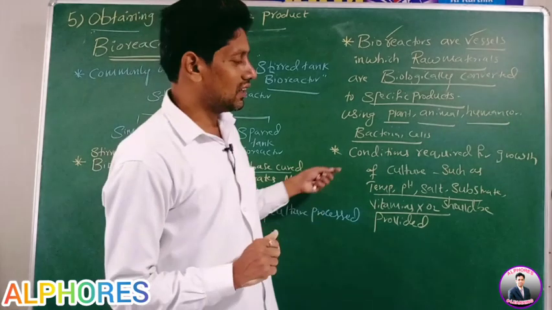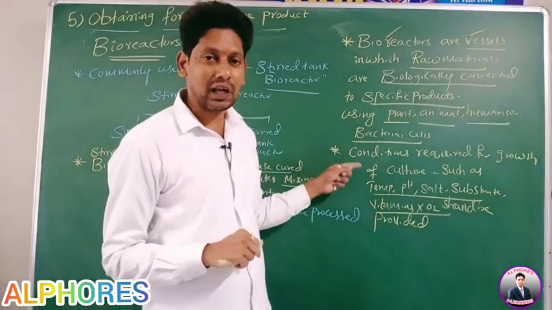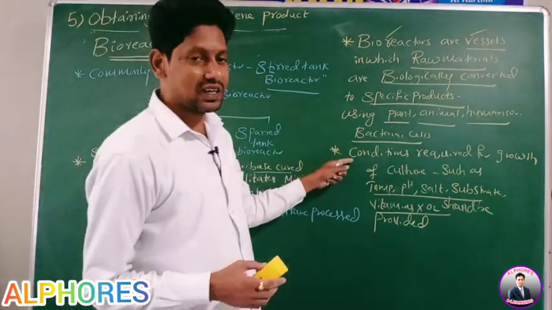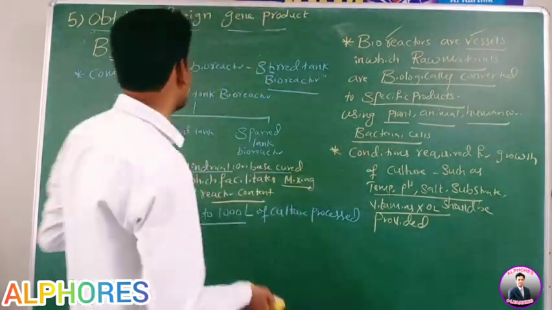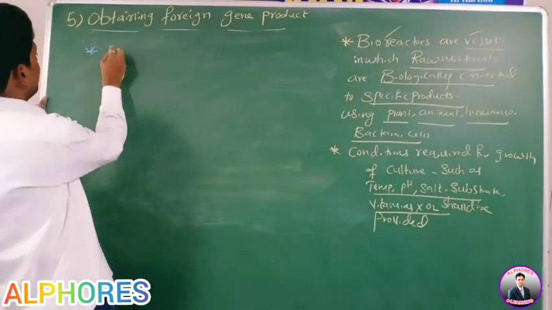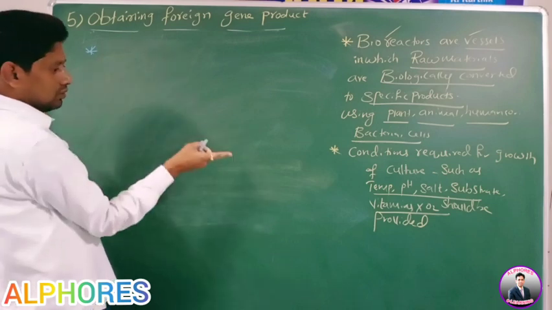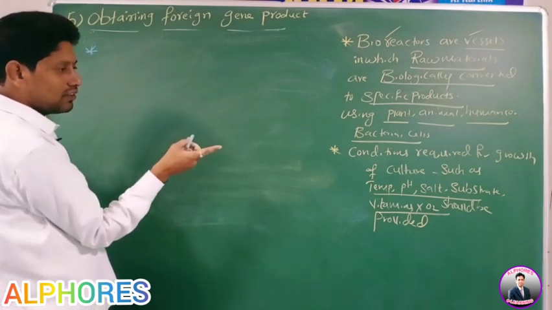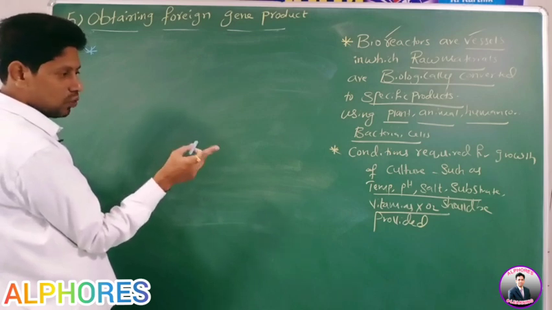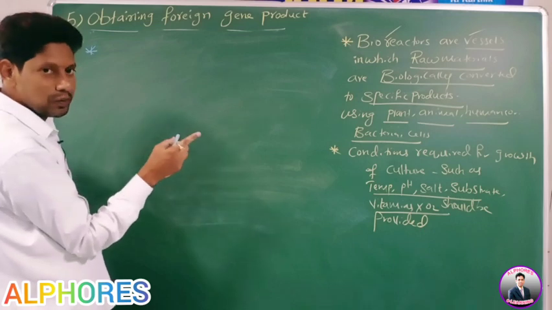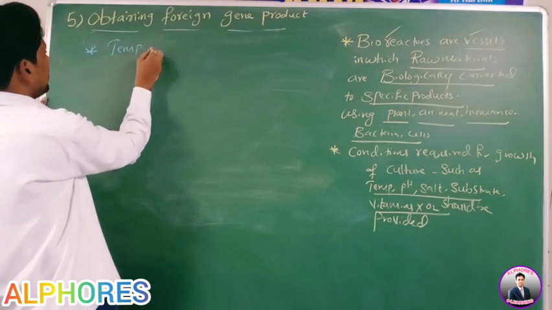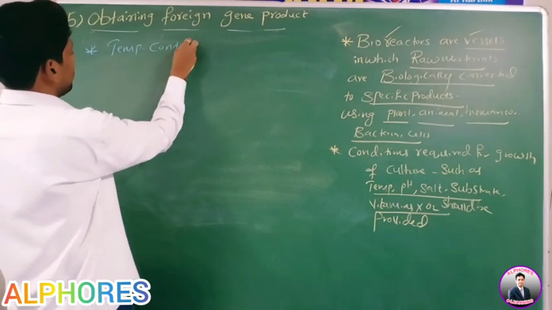Sir, how is the bioreactor providing these conditions that are required for growth of the culture? The conditions are temperature, pH, salt, substrate, vitamins, oxygen, right? All this should be provided by the bioreactor. How, sir? Because a bioreactor contains a temperature control system.